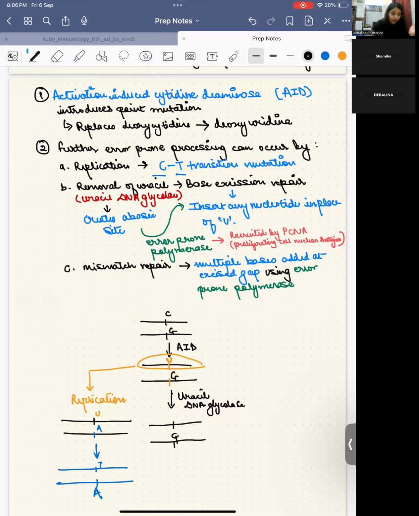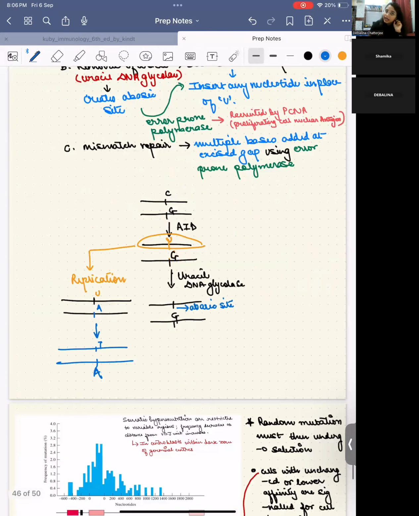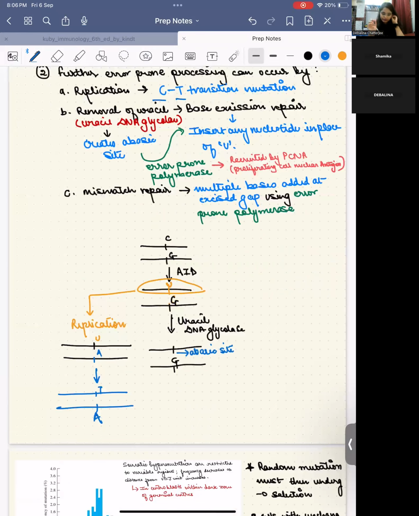Such sites where we have a nucleotide missing are known as abasic sites, where we do not have any base. This abasic site is acted upon by a polymerase, which is an error prone polymerase, which means that it tends to produce errors. If it produces errors, this is exactly what the body wants, because it is wanting to create mutations.